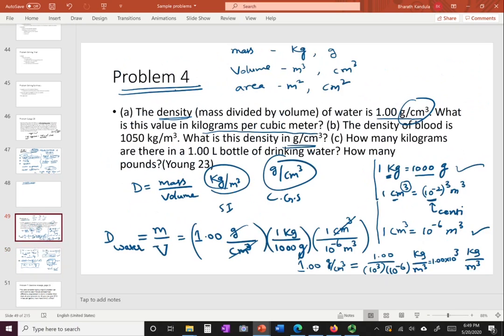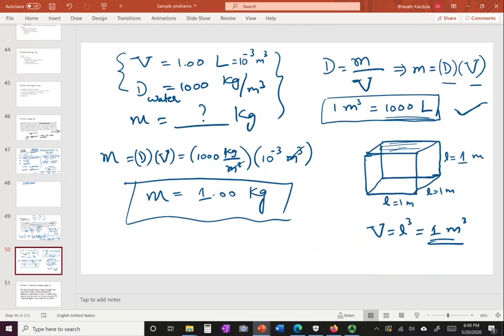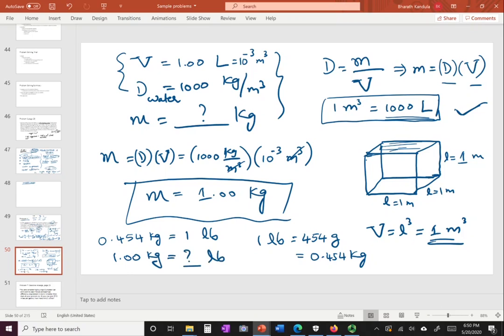Understand? Now how many pounds is this? Okay, so how do you convert this into pounds? 1 pound is equal to 454 grams. So this will be 0.454 kilograms. Understand? Clear? So we need to convert this into pounds, right? So 0.454 kilograms is equal to 1 pound, 1 lb. So we need to write down 1 kg is equal to how many pounds here?